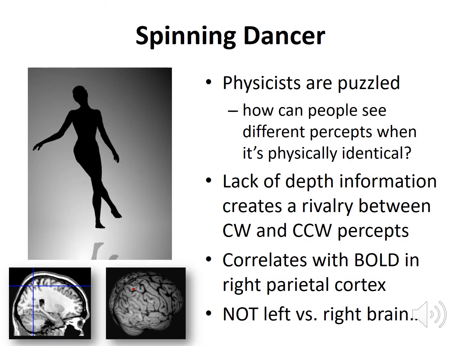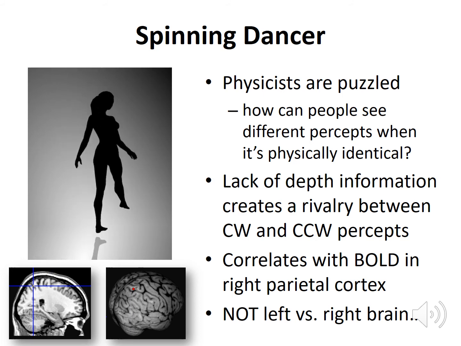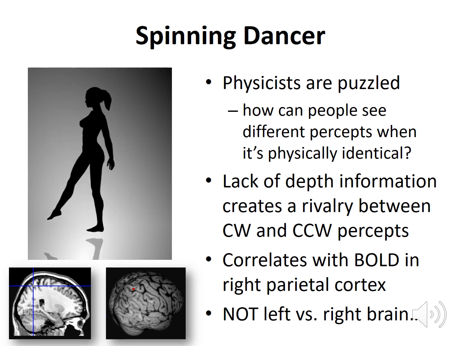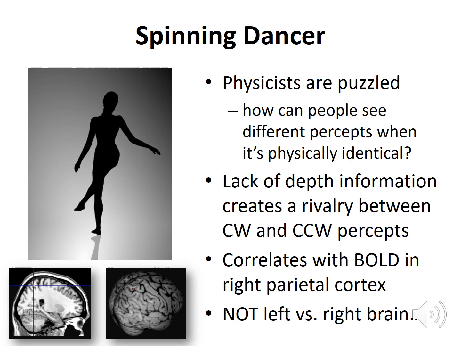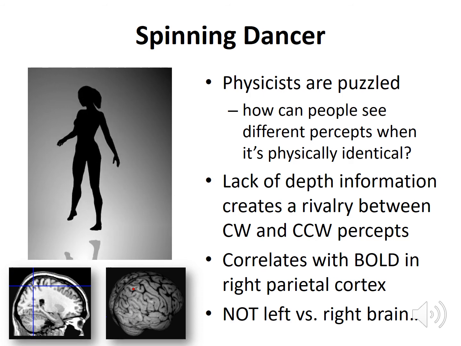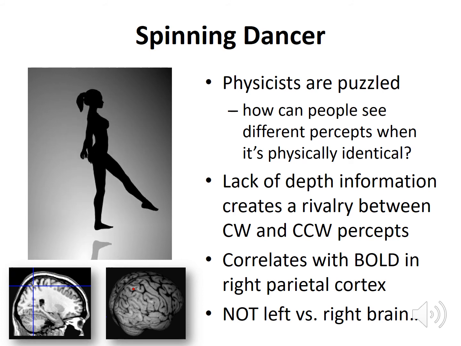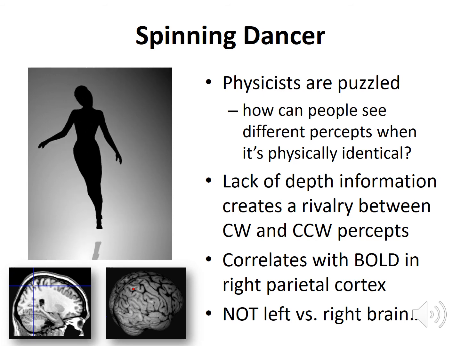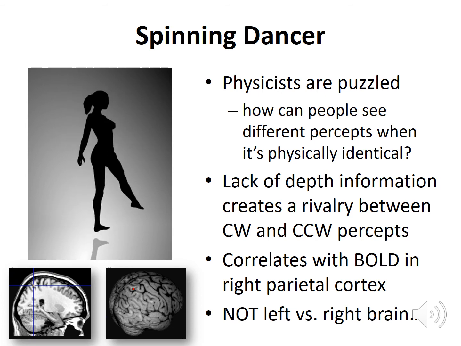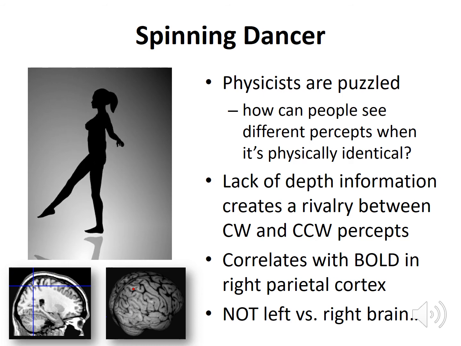This illusion is called the spinning dancer illusion, and the idea is that the girl that is spinning around here, the dancer, can spin around clockwise or counterclockwise. The illusion most likely arises from the fact that there is no real information about the depth. So we do not have any visual cues regarding the depth of the image while the dancer is rotating around this axis.